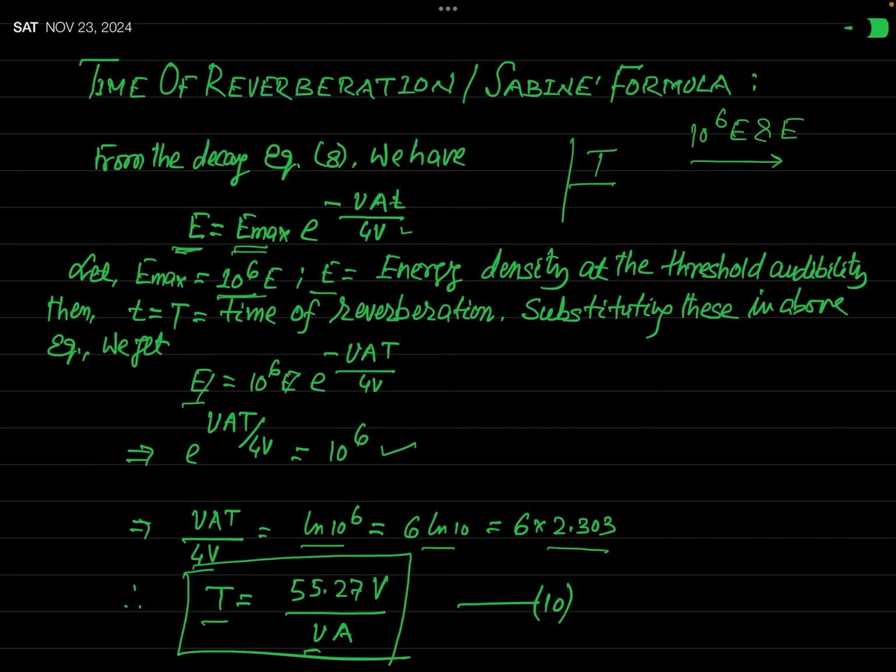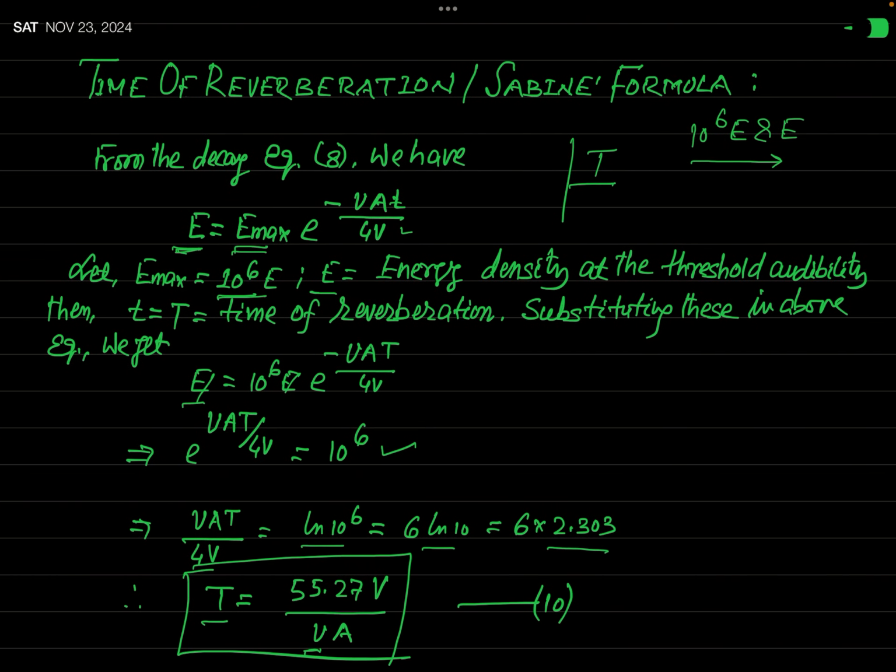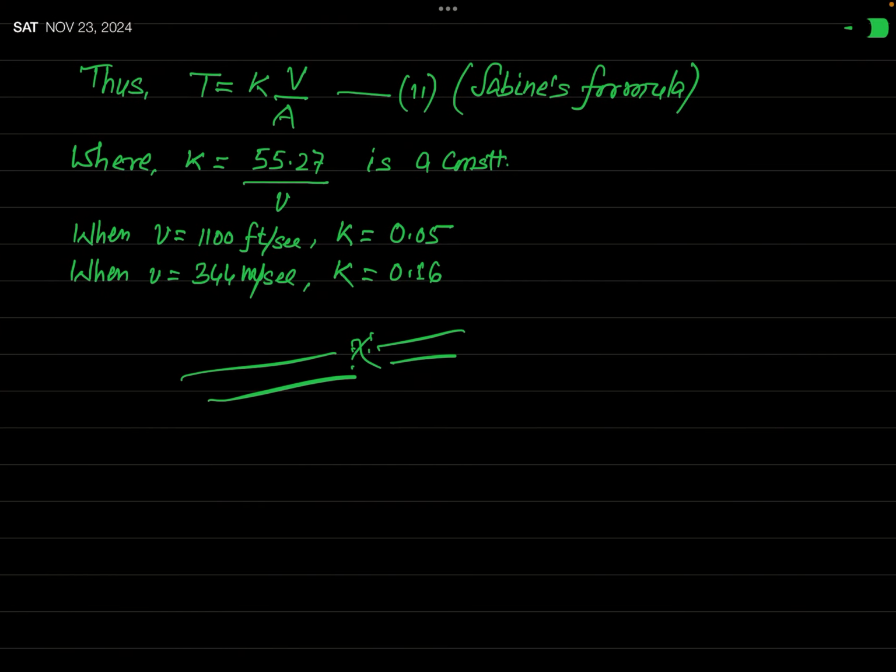So in this equation, 55.27 divided by v, that constant is replaced by k, and so you can say that T equal to k times capital V over A. Capital V is the volume of the enclosure, A is the total absorption power. So k equal to 55.27 by v, v is the velocity of sound.